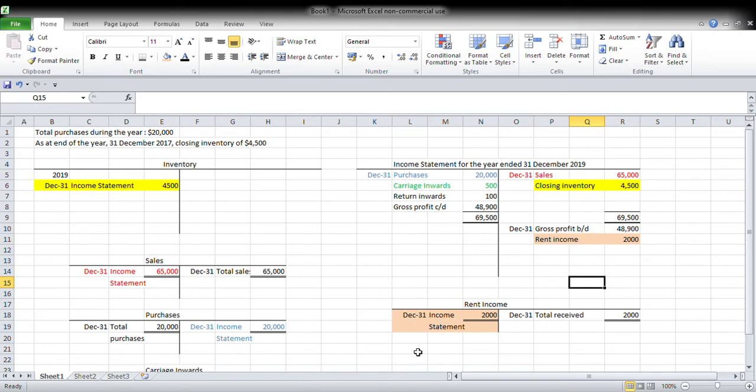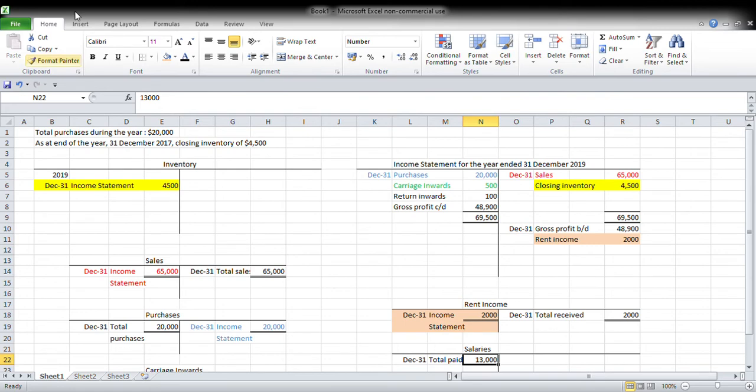Even if I were to draw up the T account for you, it would be obvious where your expenses will go. Let's say I have a salaries expense, and let's just say that your total salaries for the year, December 31st, total paid is, let's say, 13,000.